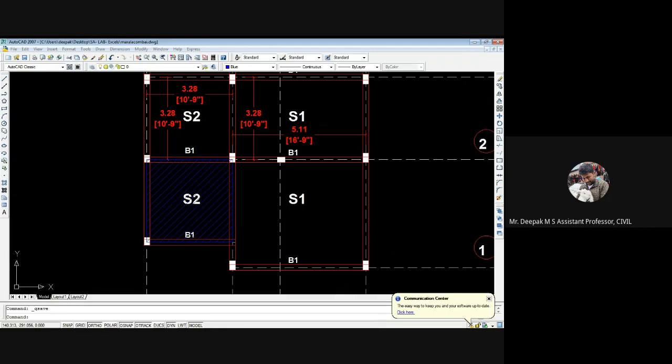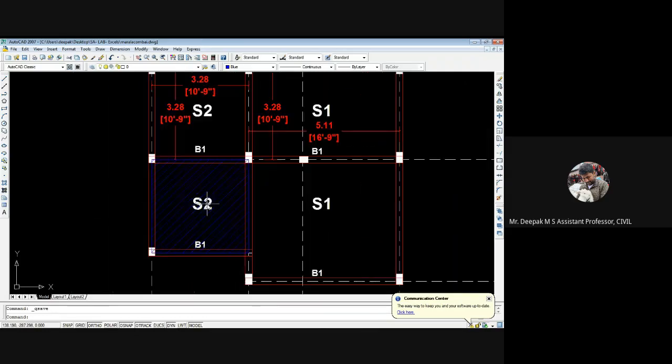This is the unfactored load. To make it factored, we must multiply by the factor of safety, 1.5. Now, two adjacent edges are discontinuous, as we all know; here in this slab, the adjacent edges on the left and at the bottom are discontinuous. You can see it here.